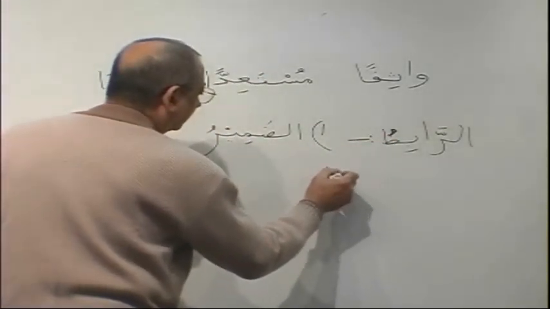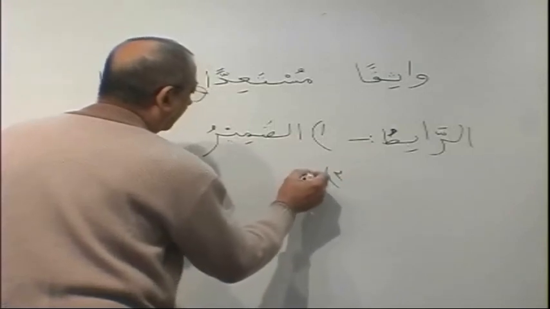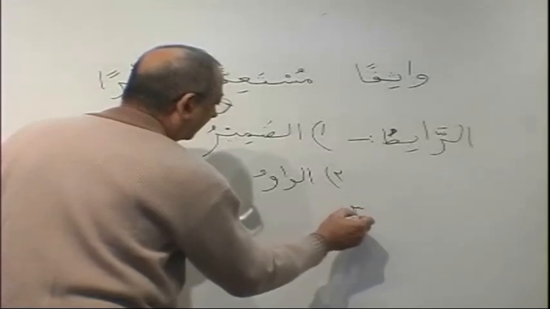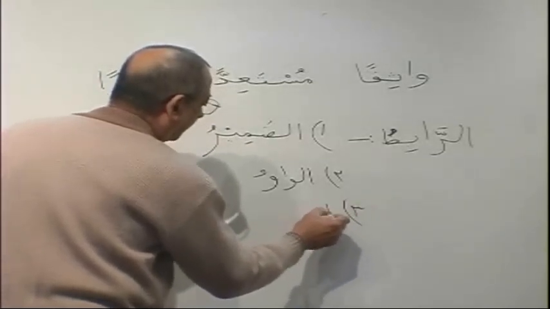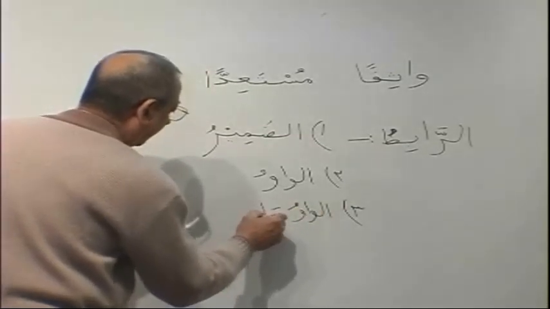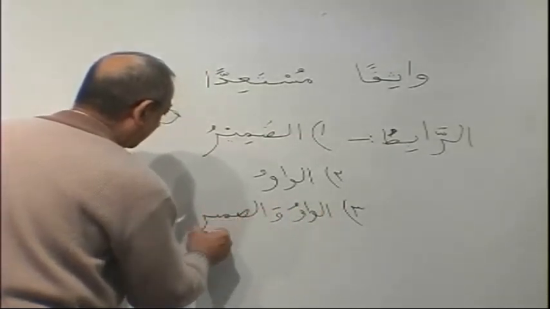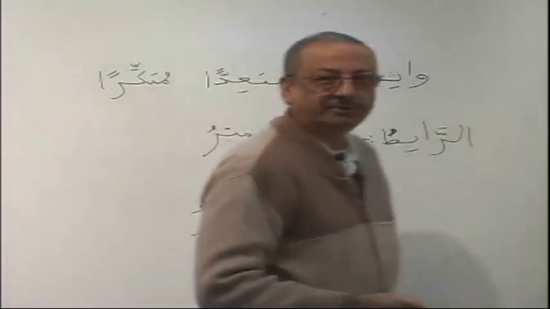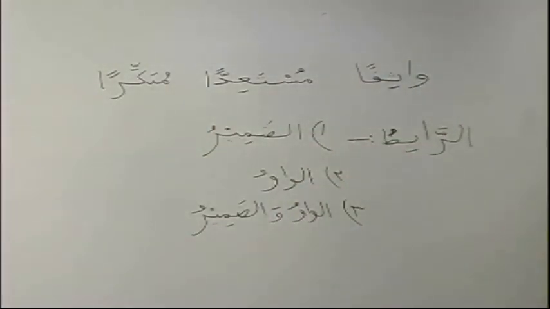What is number 2, brothers and sisters? Al-Waw. What is number 3? Al-Waw and the damir. There are 3 situations. So you will have to look for it.